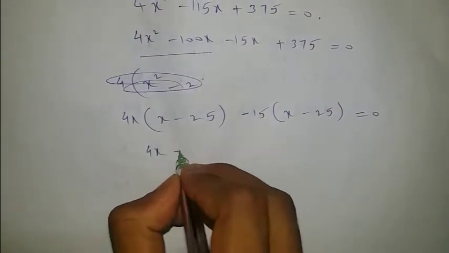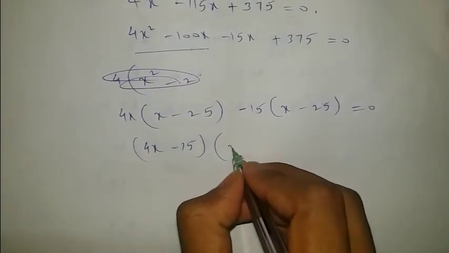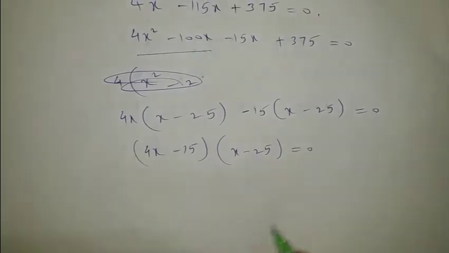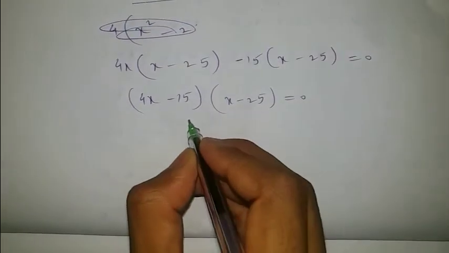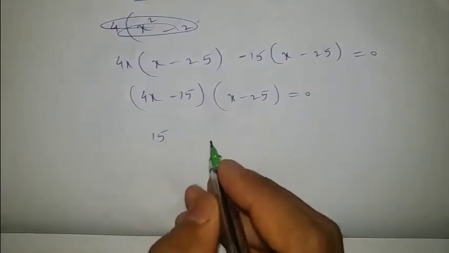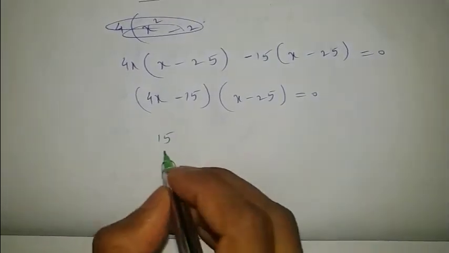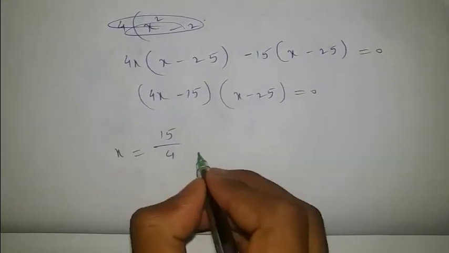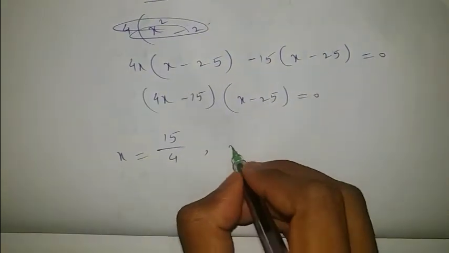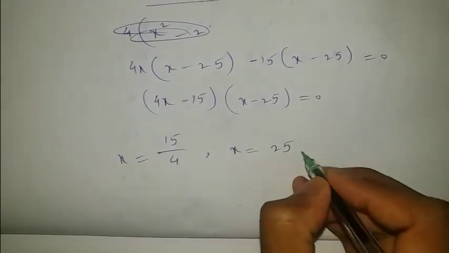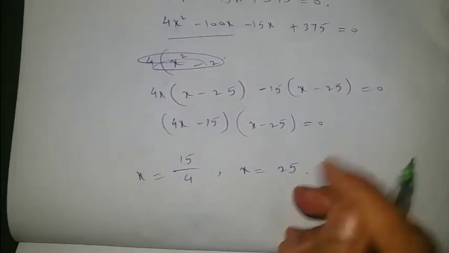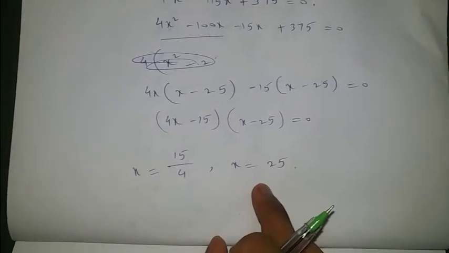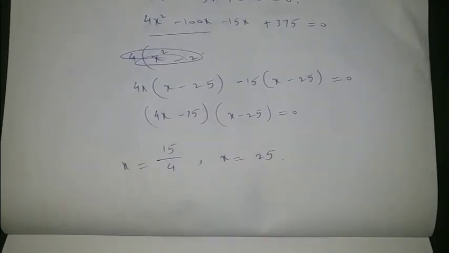So we will get (4x minus 15) into (x minus 25) is equal to 0. Here minus 15 is there, so it will become plus 15, multiplied by 4 so it will become divided by 4. So x is equal to 15 by 4, or else x is equal to 25. So x value may be 15 by 4, or else x value may be 25.